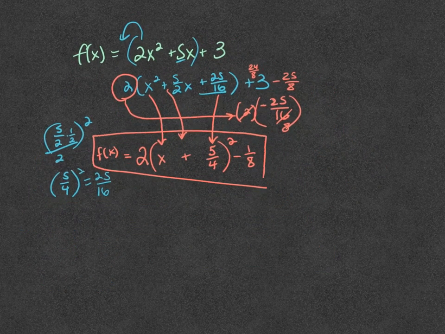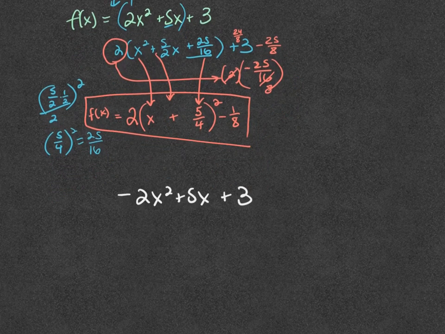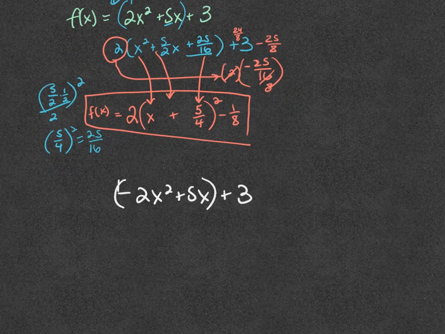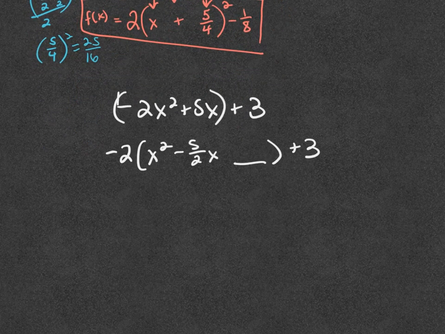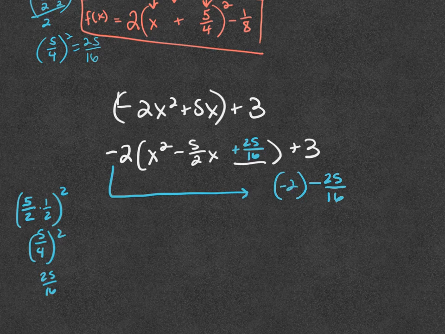I would say one more variation on that is if the 2 was negative. So same numbers, group these. This time I have to take out a -2. Now I have to take that 5/2, the sign doesn't matter yet, divide it by 2, which is multiply by a half, square it, I get 5/4 again, square it, 25/16. I add it in here, and I subtract it from out here, but I have to multiply this time times a -2.